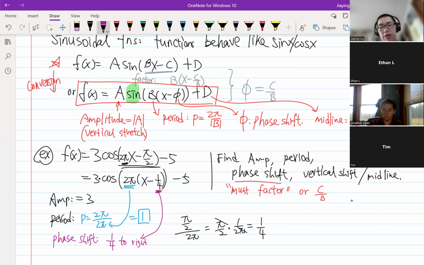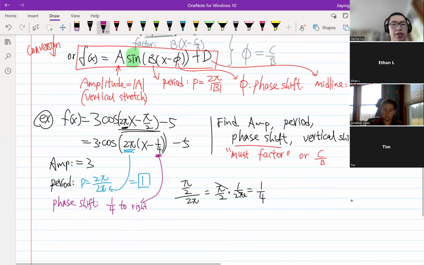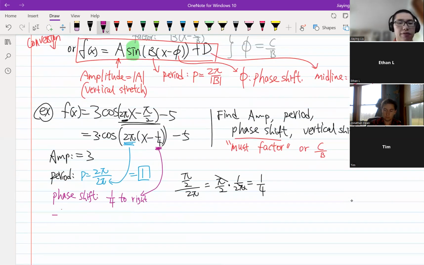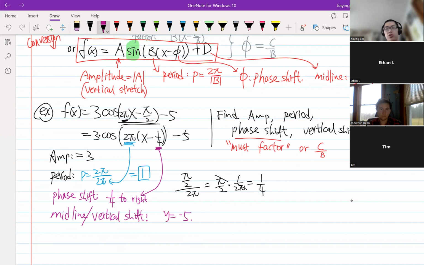It's actually shifted down 5 units. It's also the midline. So -5 is the midline of vertical shift. So y equals -5, or you can say it's down 5 units.